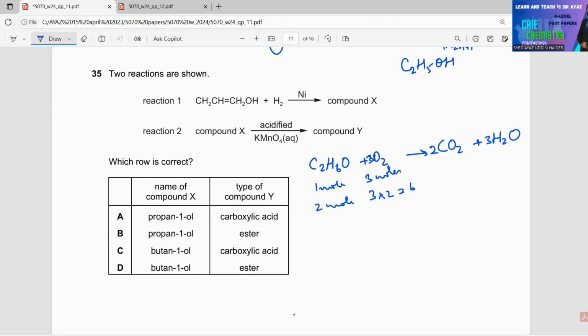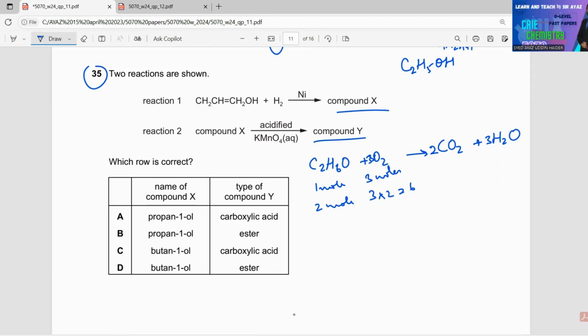35. Two reactions are shown. Reaction 1, CH2=CH-CH2OH plus H2 with nickel gives compound X. Reaction 2, compound X in the presence of acidified aqueous KMnO4 gives compound Y. Which row is correct?